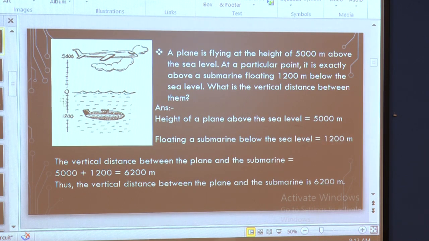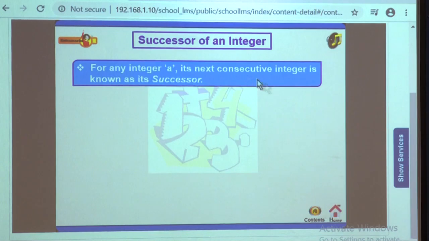Below means we have to go for a negative integer. The vertical distance between the plane and the submarine: I want the total distance between these two, so I have to add both. 5000 meters plus 1200 meters gives us 6200 meters. Thus, the vertical distance between the plane and the submarine is 6200 meters. So, now you understand that when we have to find the total distance, we have to add them.